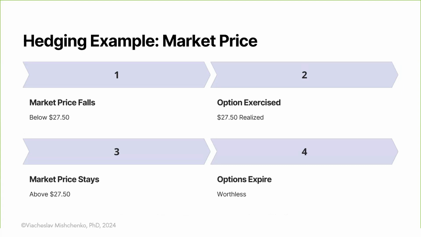Whether the price falls to 26.5 or lower, it doesn't matter, after accounting for the premium paid. And if the price stays above 27.5, then the options expire worthless, but the investor retains the higher stock value. This asymmetric payoff is why many investors prefer options for hedging over futures or forwards.